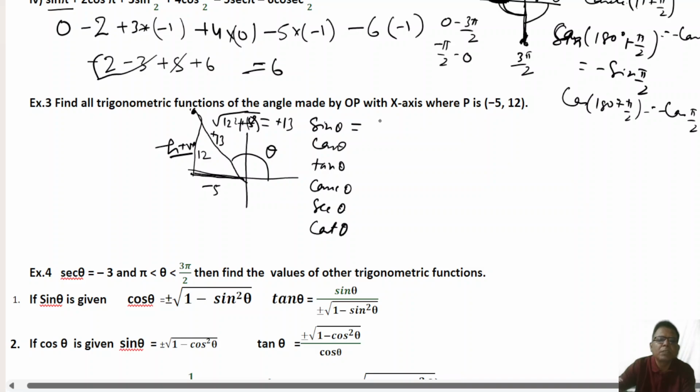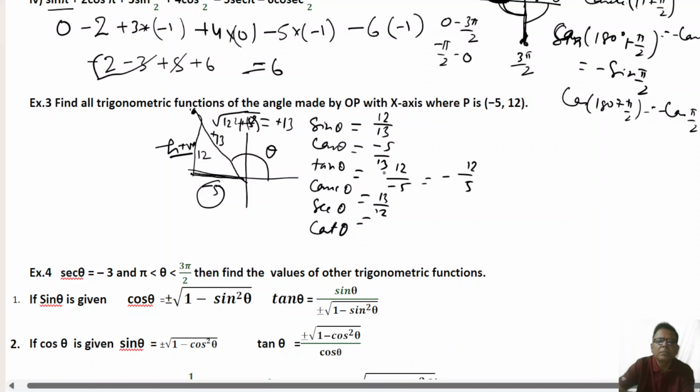So sin theta is 12 by 13. Cos theta, this is negative, so minus 5 by 13. Tan theta, 12 by minus 5, that is equal to minus 12 by 5. Cosec, just reciprocal of sine, so 13 by 12.